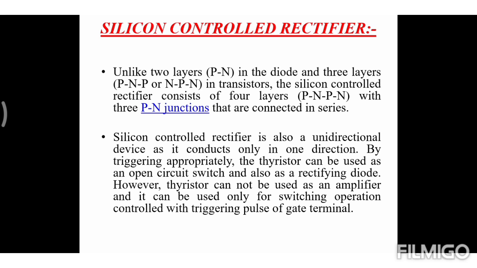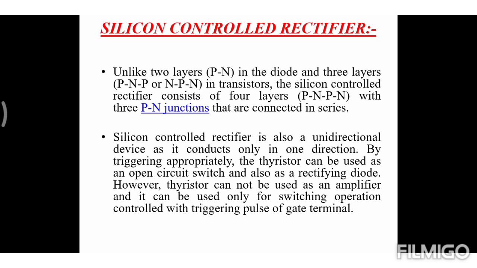That means the silicon controlled rectifier is a 4-layer, 3-junction device. Okay? The silicon controlled rectifier is a unidirectional device. Unidirectional device means it conducts only in one direction.